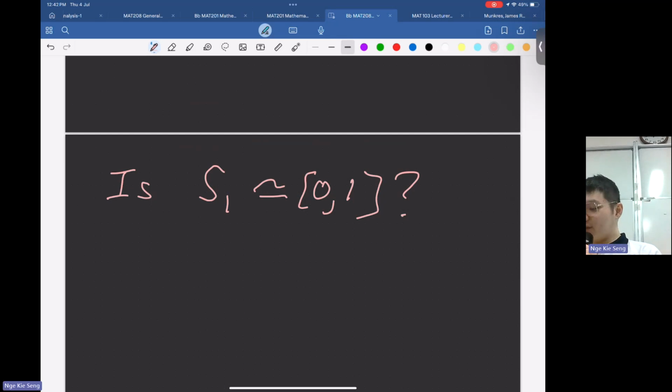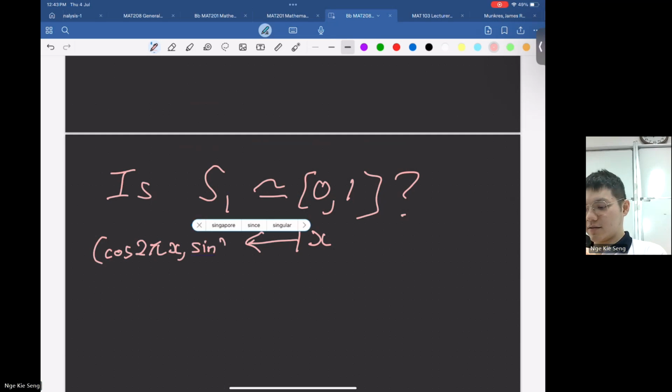Yes, I mean, can you give me the function? Maybe from 0 1 to the other side. What's the homeomorphism that you can give? The usual cosine 2 pi x, sine 2 pi x. But I think this is not injective, right? 0 and 1 are sent to the same point, right?